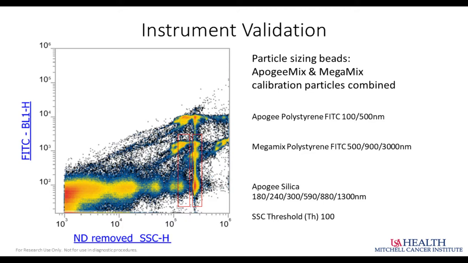But again, I don't really care because I'm interested in what's going on to the left of that. So from that point on to 500, and we resolve the next smallest, which is at 300, and then we go to 240. We've got the 180. So around the 10 to the 4th hash mark is where we're starting to see those smallest particles, and that's going to be the range that we would expect to see exosomes appear when we run them on the cytometer.